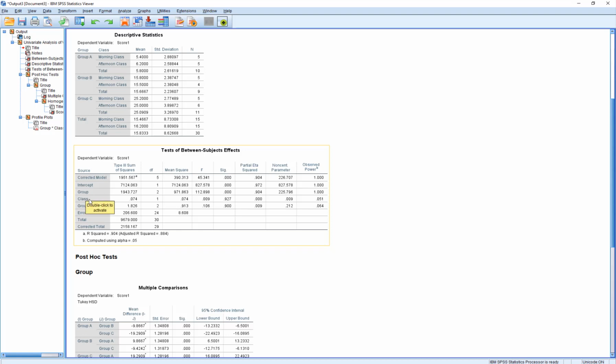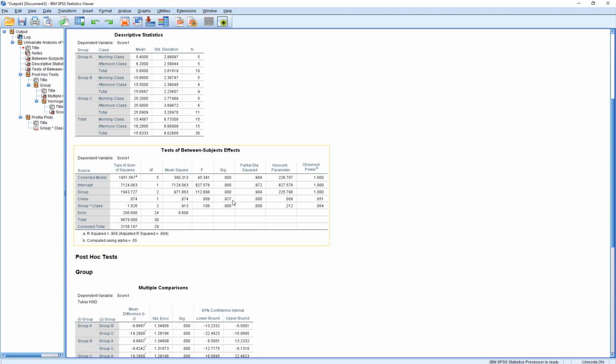If we look at class, however, we see our F statistic is very low, and our p-value is 0.927. What that tells us is that there is no significant difference between classes. That is to say that the mean in morning class versus the mean in the afternoon class are similar enough to each other that we would consider them the same.